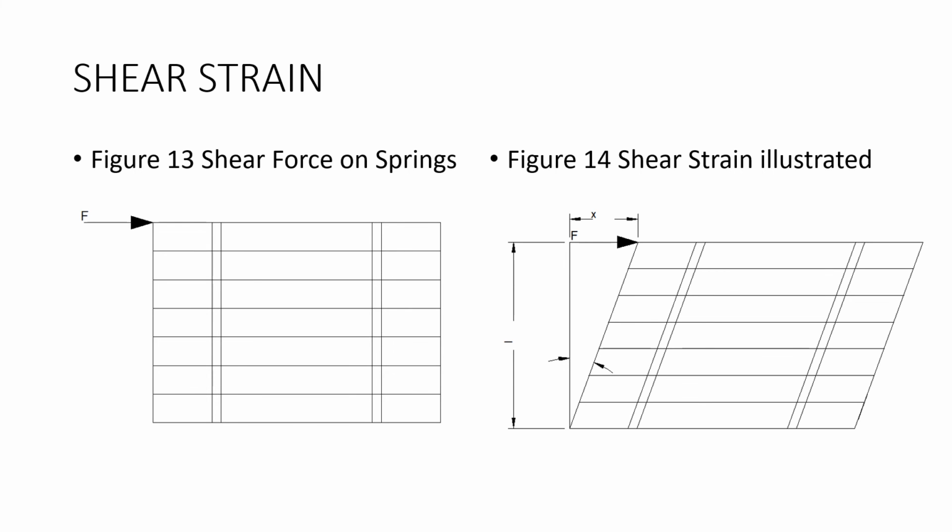So X will increase in this direction, and the original length is L. So X over L is equal to the shear strain. Shear strain is defined differently from tension and compression.